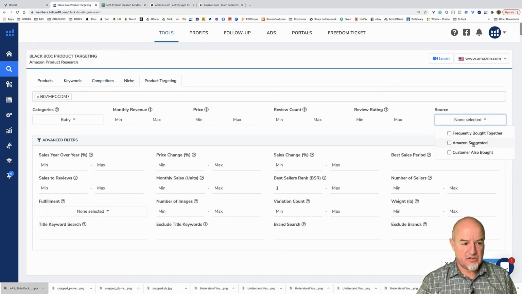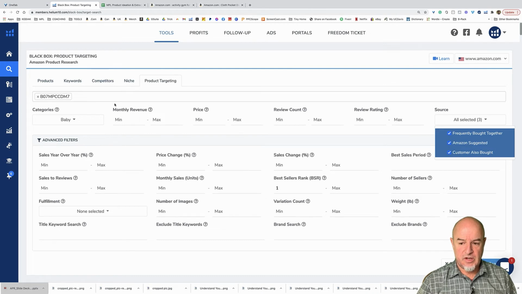So let's say we want to look at all 3 of those. Things that meet all 3 of those criteria, or let's just do frequently bought together first, okay? Let's say we want to see all the items that are frequently bought together along with this ASIN in baby.